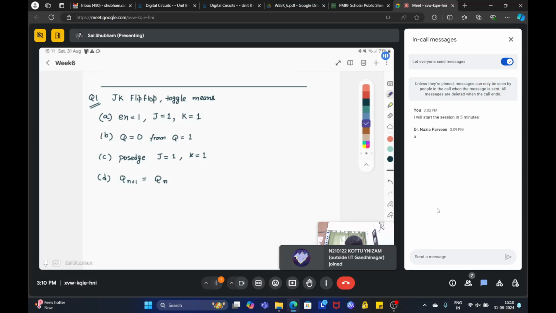Just to be clear, the question says that this is a JK flip-flop. So what input condition will make the output toggle?